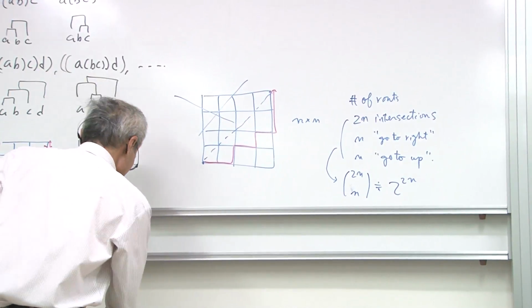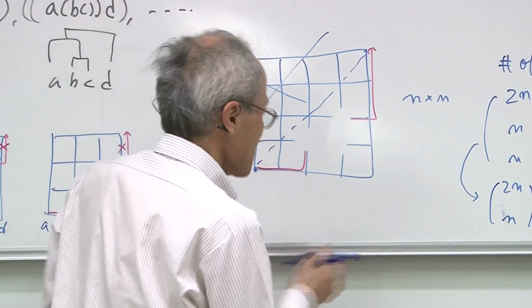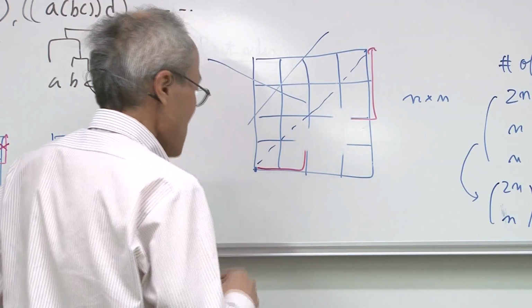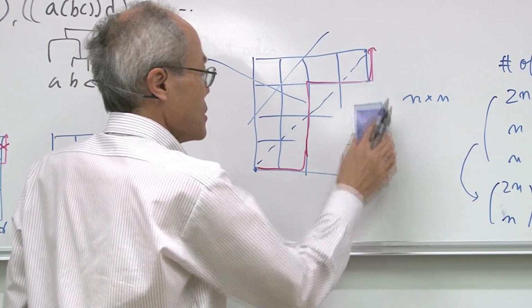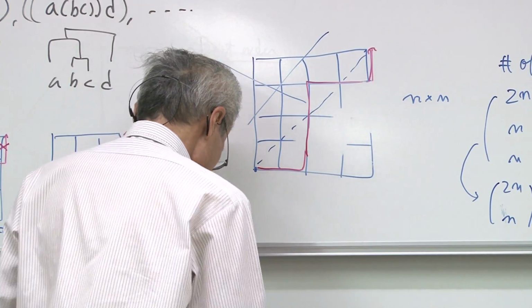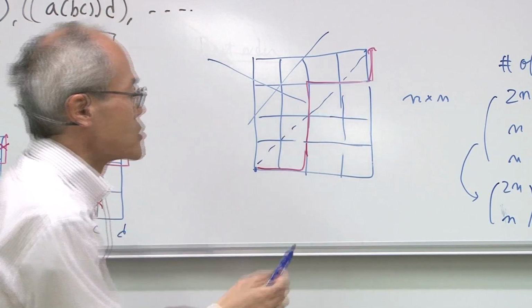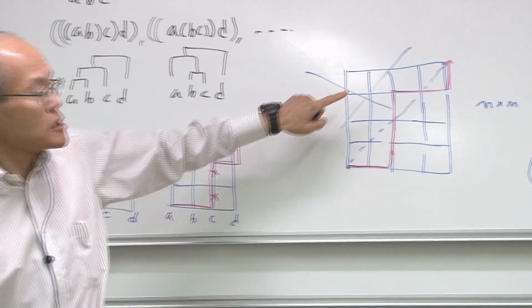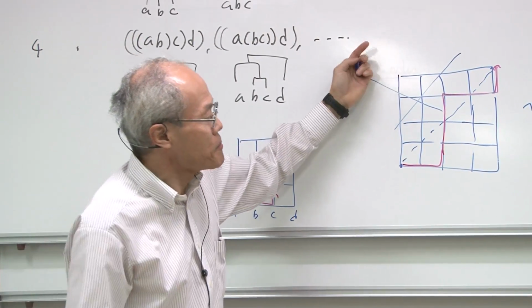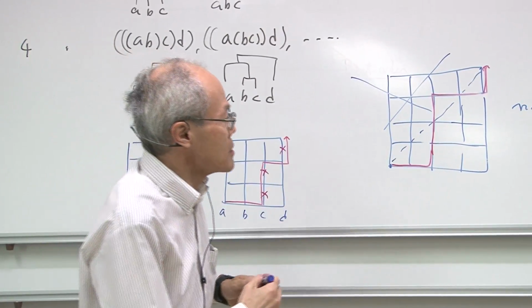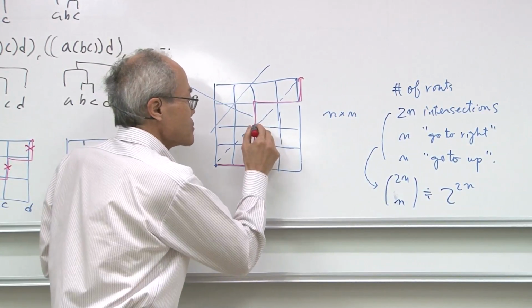So this is a bad route because it enters this part. But if you fold this paper like this, then this route changes like this.